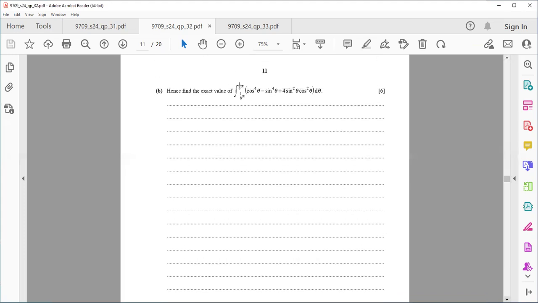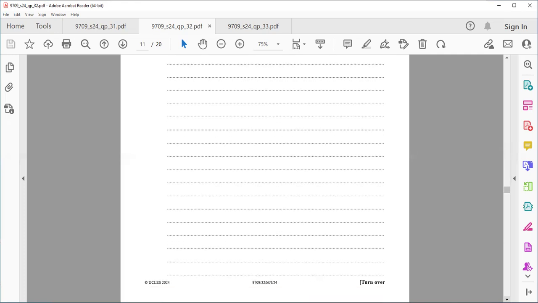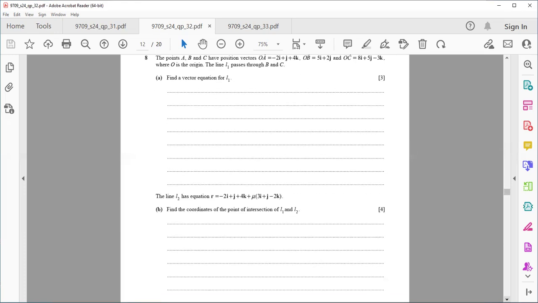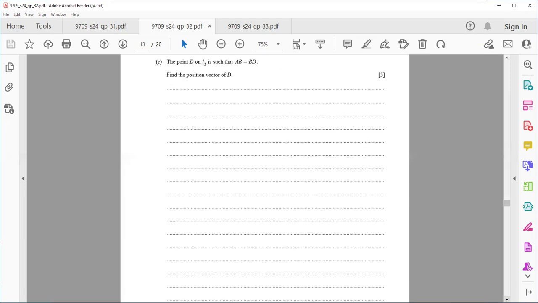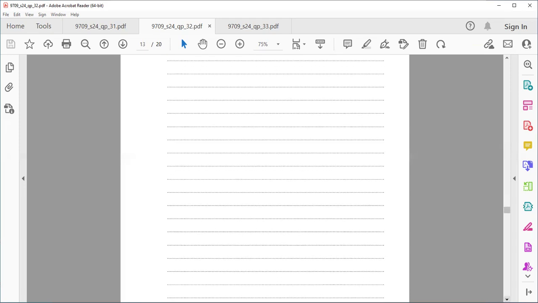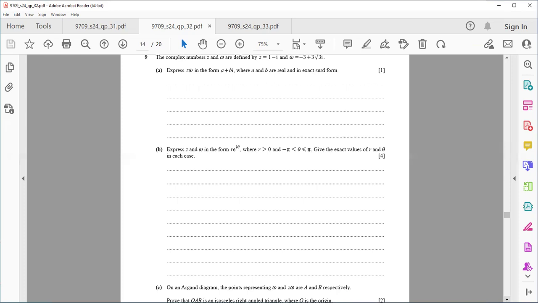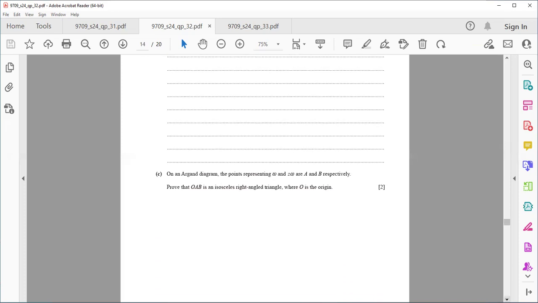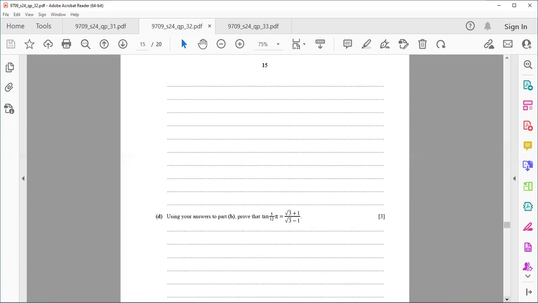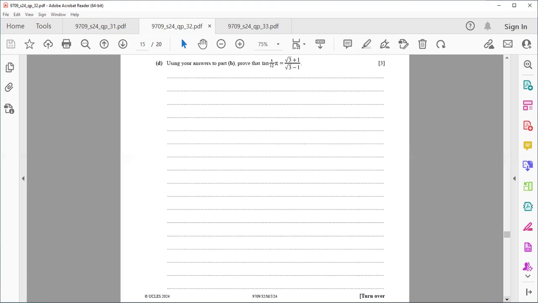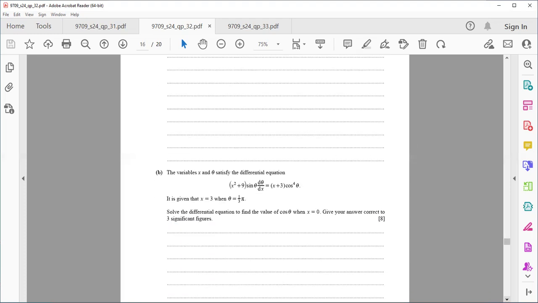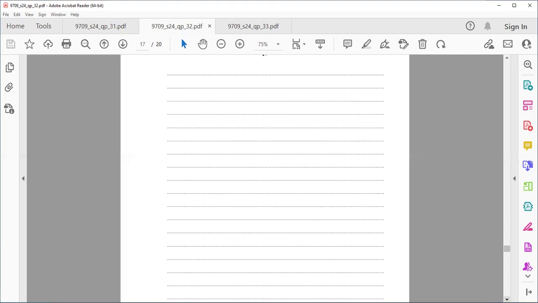Next, I will check whether there is any other part on trigonometry. That is vectors form. That is again vector form. Complex numbers. Again, differential equations.